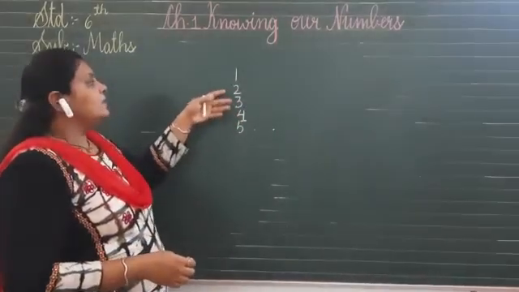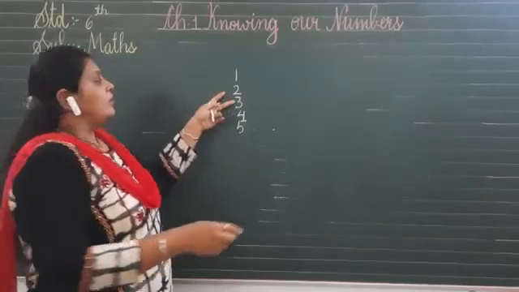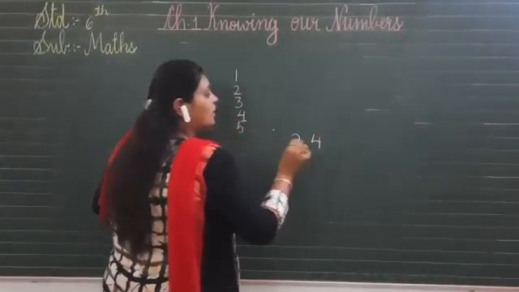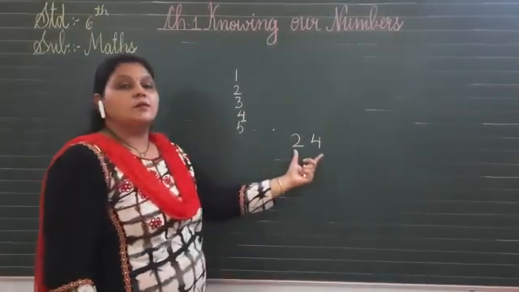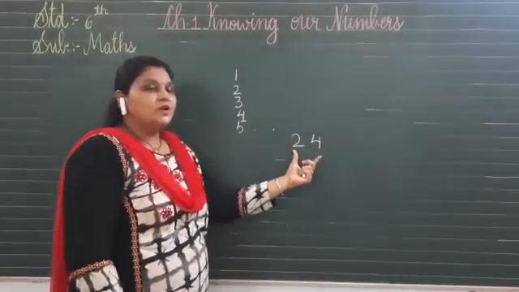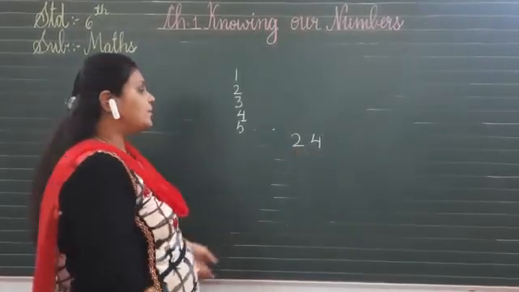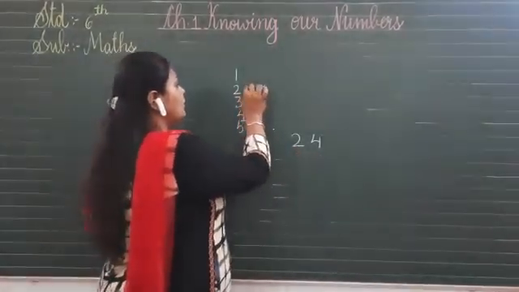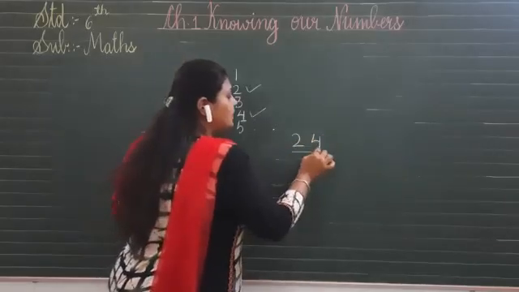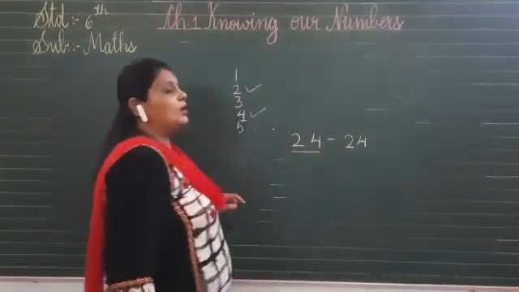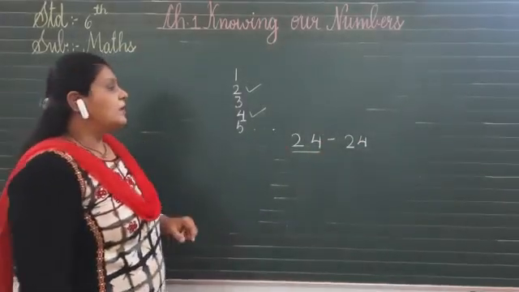So when two digits come together, like 2 and 4, it becomes a number. Here 2 and 4 come together and make 24 as a number.